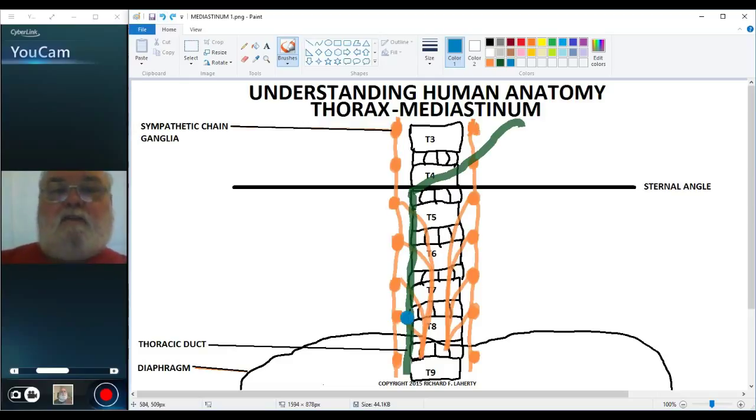If we look at the right side of the body, there is a vein running on the posterior wall called the azygos vein. And I'm going to draw it looping to the right and then back around to the left. That's not actually what happens. It loops from posterior to anterior. And this is the azygos vein.